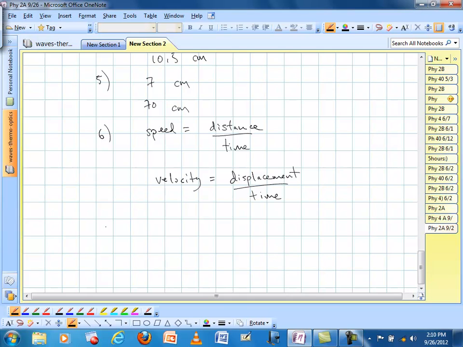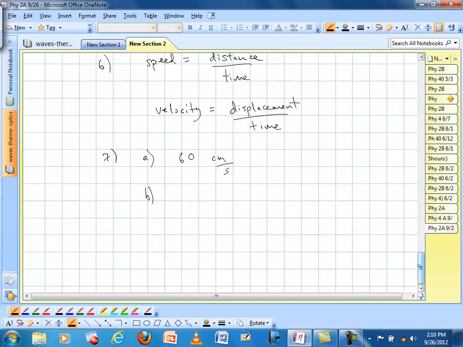Okay, let's find the speeds. What speed is object A going? It's 3 centimeters divided by 1/20th, so 60 centimeters per second. And B, 30 centimeters per second.